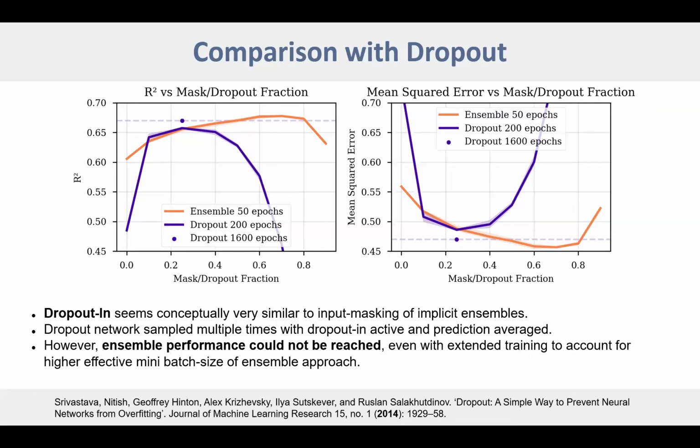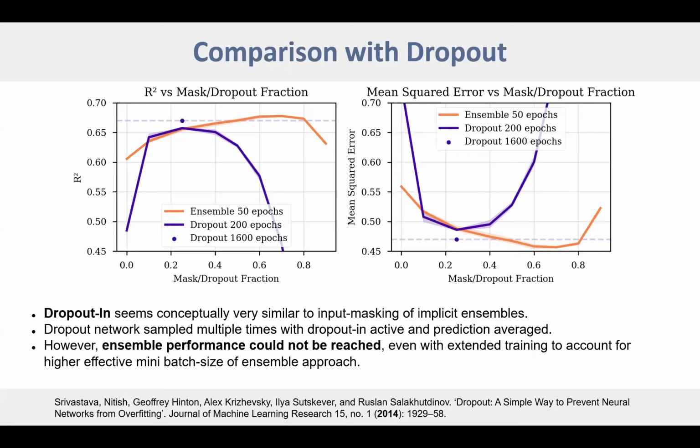The way I did it was that I had to sample the network multiple times with dropout input active, the same number as we had members in the ensemble, and then we averaged the predictions from the dropout-in version of the network.